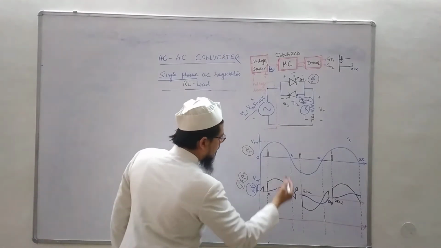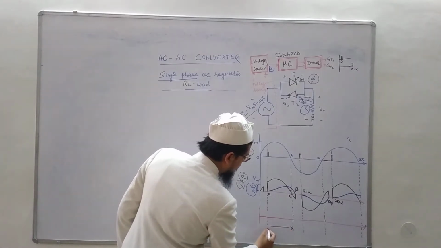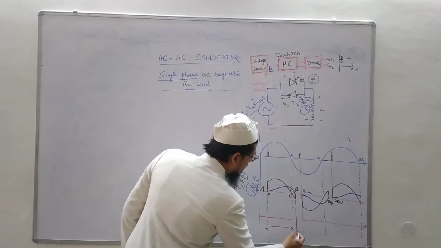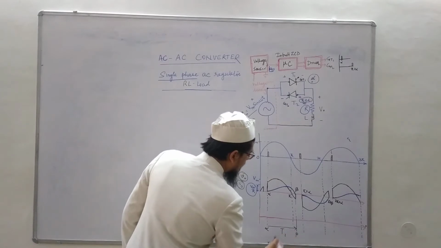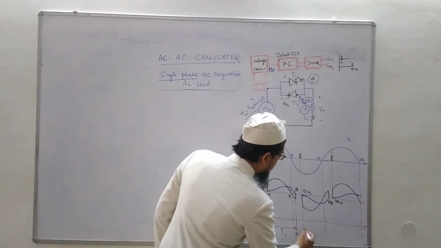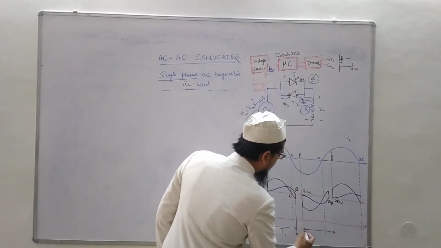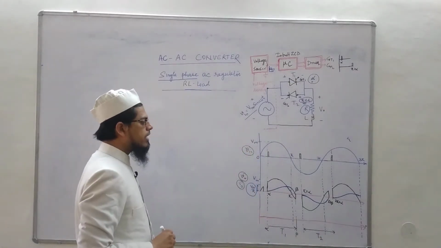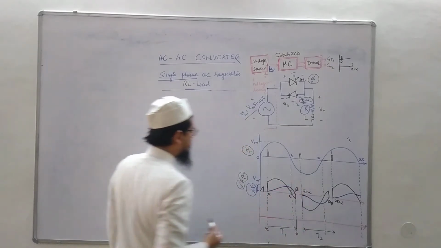So in this interval from alpha till this point, which is beta, T1 is conducting, while from pi plus alpha to pi plus beta, T2 would be conducting, and none of the SCRs would be conducting in the region beta to pi plus alpha.